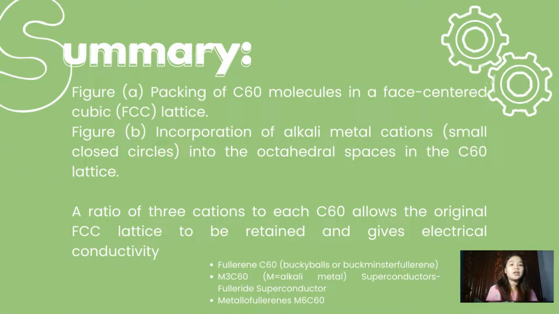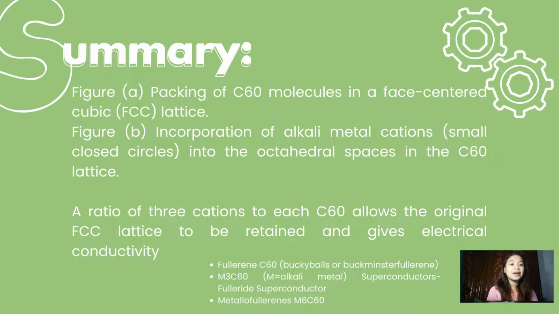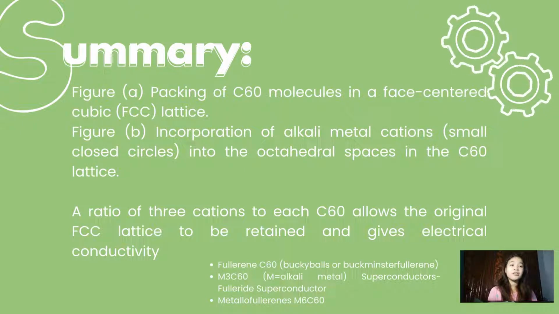So, in conclusion, figure A is the packing of C60 molecules in the FCC, or face-centered cubic, lattice. Figure B is the incorporation of alkali metal cations into the octahedral spaces in the C60 lattice. A ratio of 3 cations to each C60 allows the original FCC lattice to be retained and gives electrical conductivity.